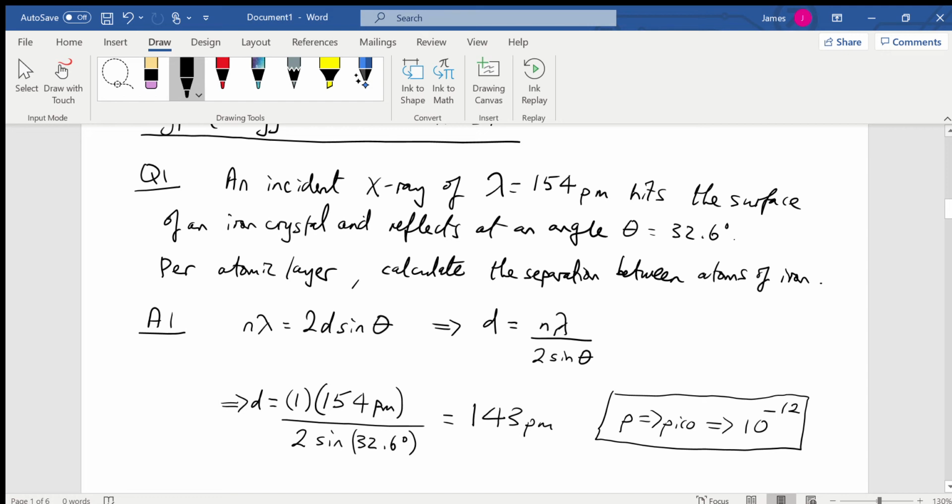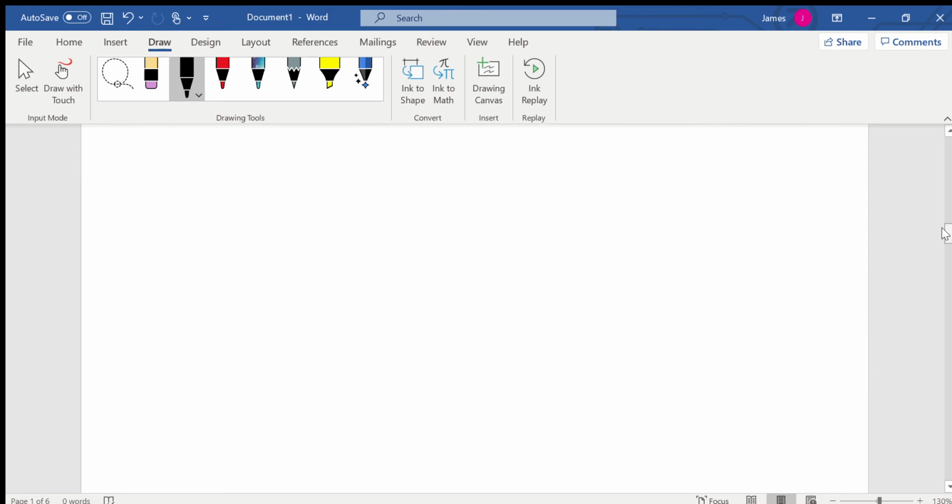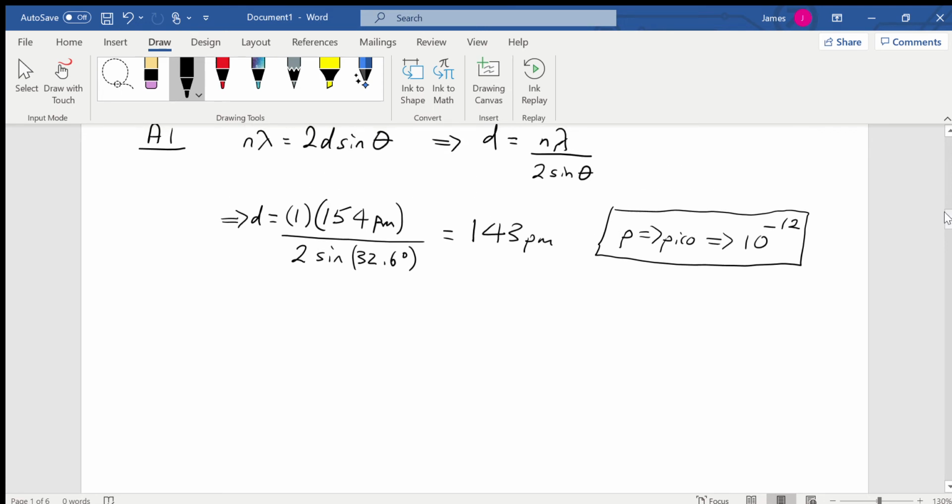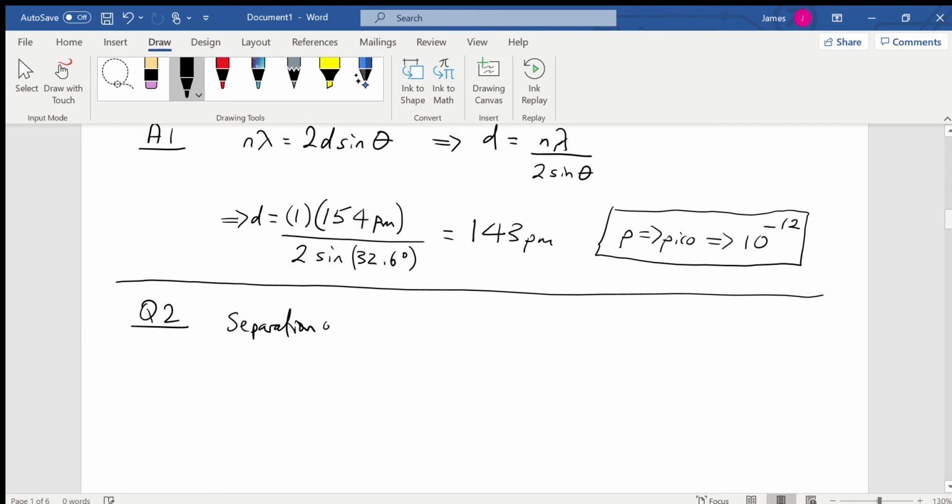Do I have any more typical Bragg type questions up my sleeve? Yes, I do. Let's just do a couple more. All right, so let's have a look at a second question. So let's call this question 2. The separation of molybdenum atoms in a crystal is 157 picometer.